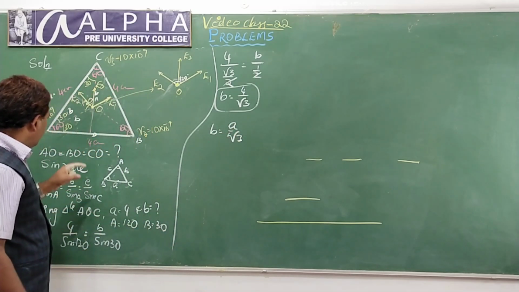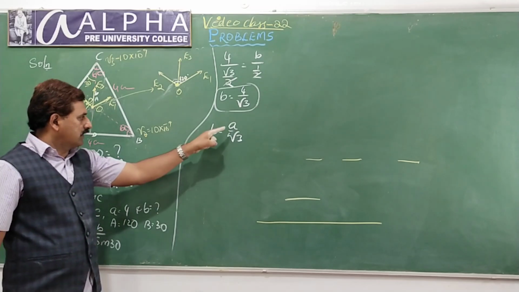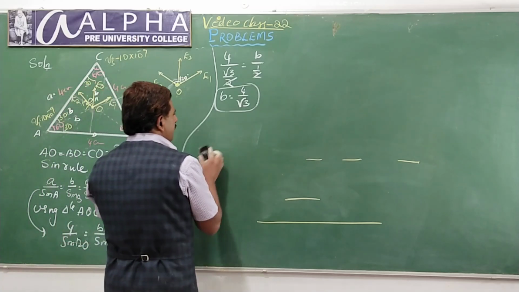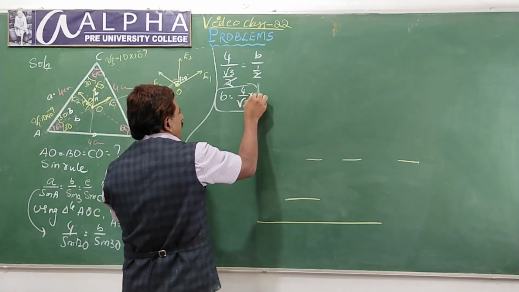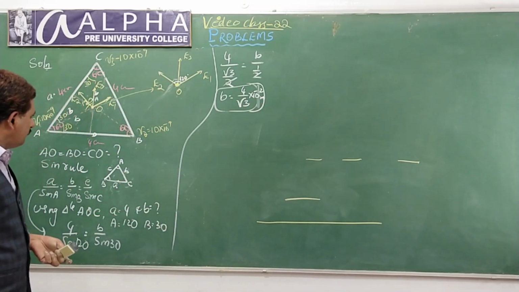Therefore, the distance between a corner and the centroid is side length A by root 3. If this is in centimeter, write in meter, 10 power minus 2 meters. That's it. Now you know the length.